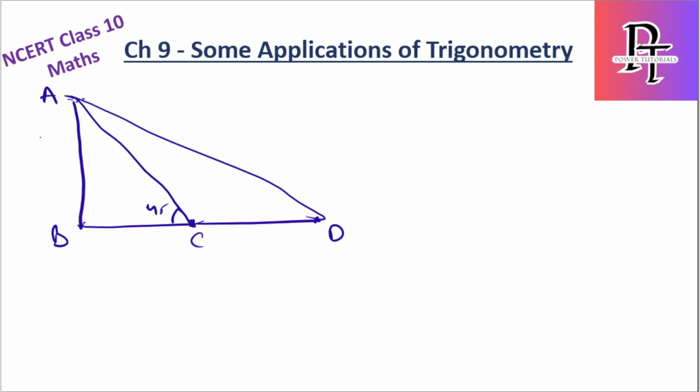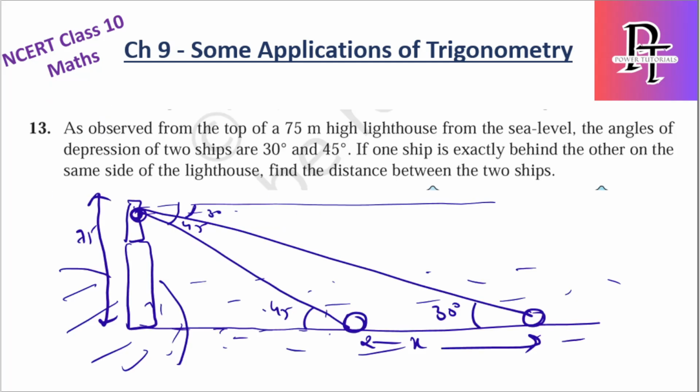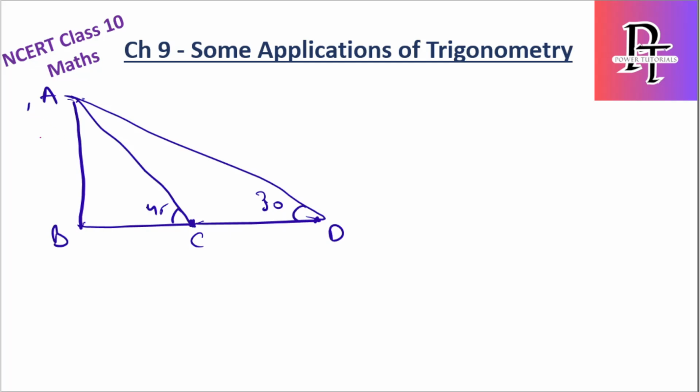This is 45, and to ship 2 it is 30. The lighthouse is 75 meters, so this is 75. Let's assume this as X and this as Y.